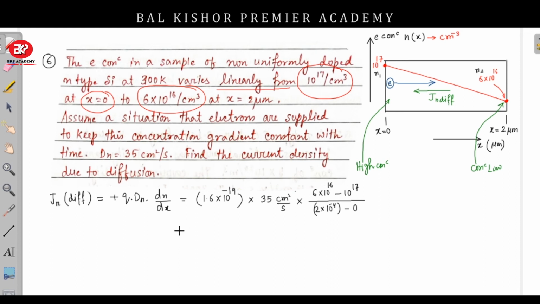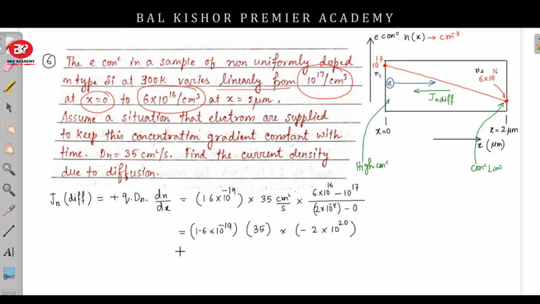So calculating the Jn diffusion, here 1.6 into 10 to the power minus 19 remains as it is, and here 35 comes. If I do this calculation, we find that it will be minus, the numerator gets a minus, and we get into 10 to the power 20, and in the denominator 2, so it will come out to be minus 2 into 10 to the power 20.